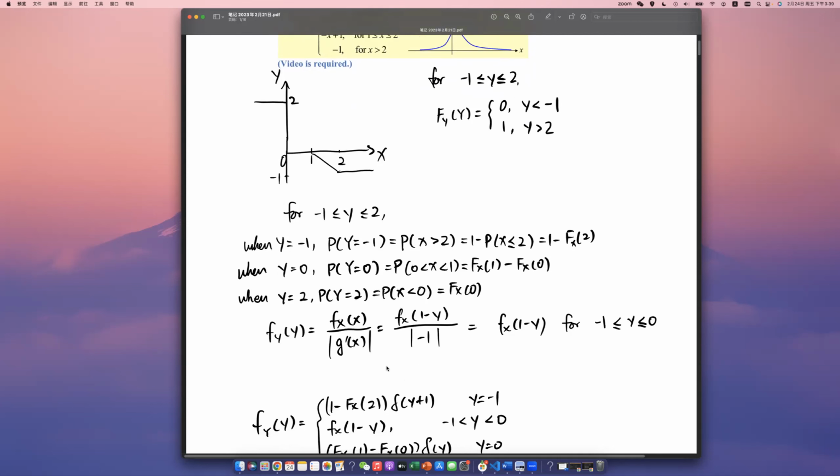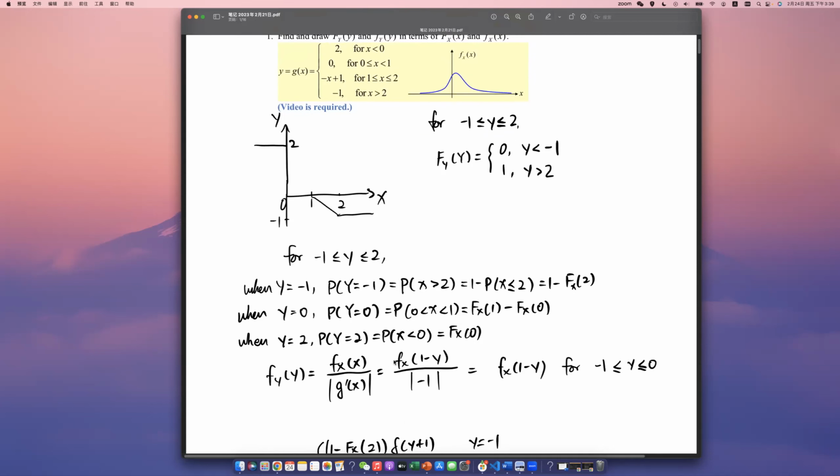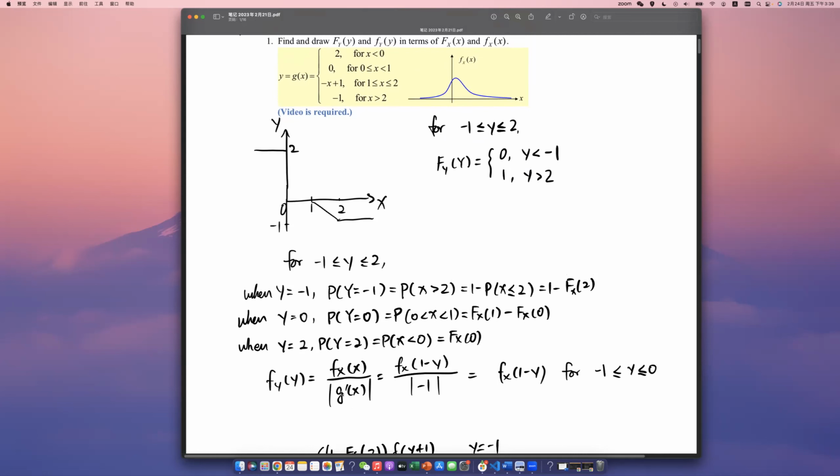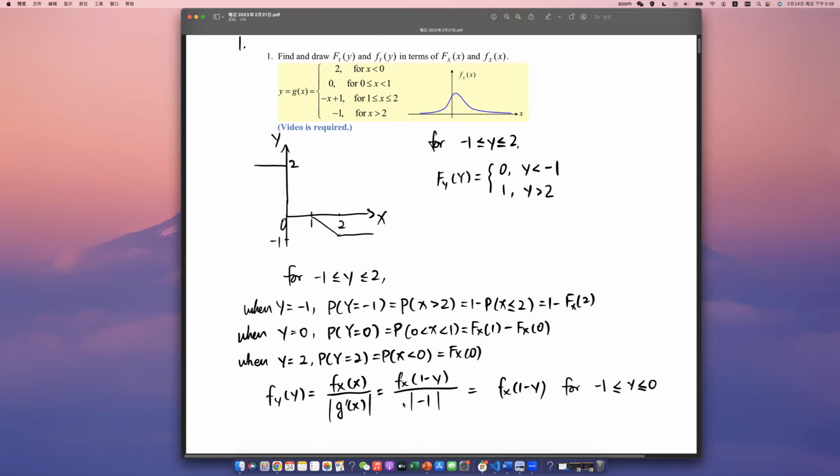And to find the density function of f_Y, we can use the formula f_X over the absolute value of the derivative of g(x), and it should be 1.